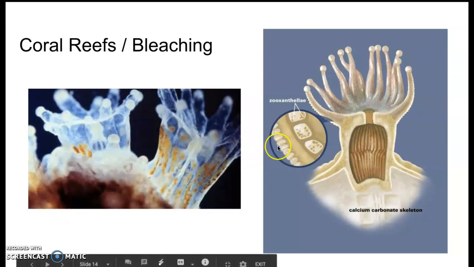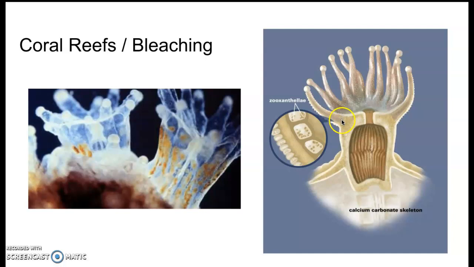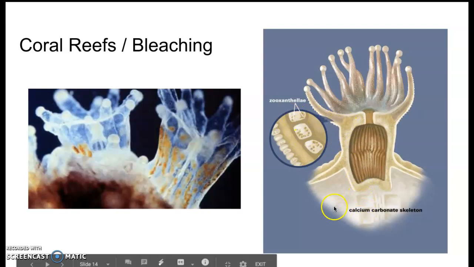So here's an example of the basic structure of the coral, and then the zooxanthella are tiny organisms living in there, but the skeleton is made out of calcium carbonate.